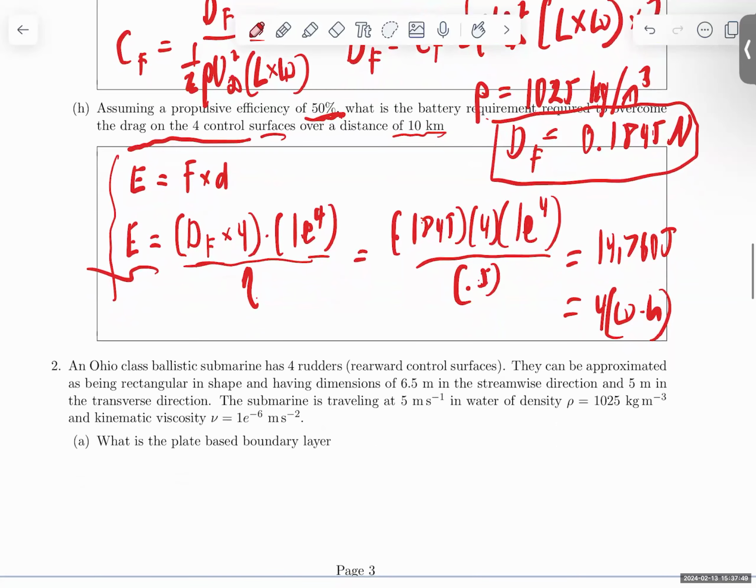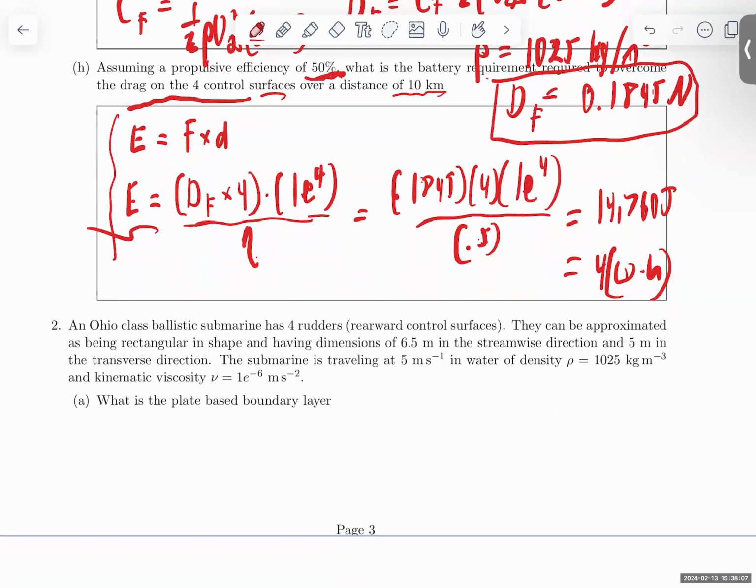Then we'll look at the case where the Reynolds numbers imply that the early part of the object is laminar and the latter part is turbulent. So it's a mixed regime, and there are some formulas we'll work with for that particular case.